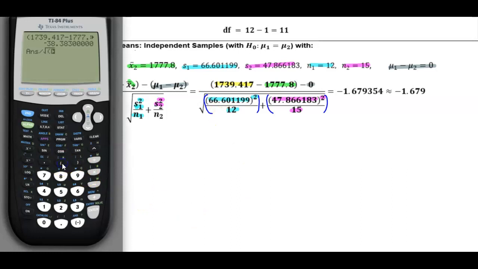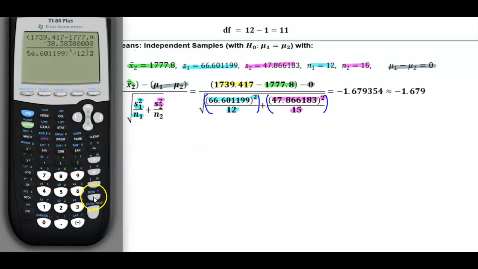So we have one parenthesis for the outside and then another one for the denominator, which is going to be 66.601199, and then we're going to square that, and then we're going to divide that by 12, and then close the parenthesis.